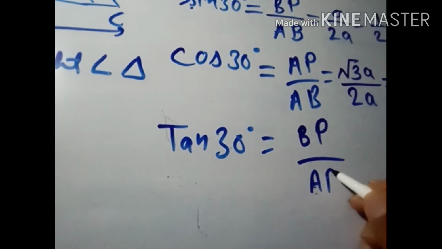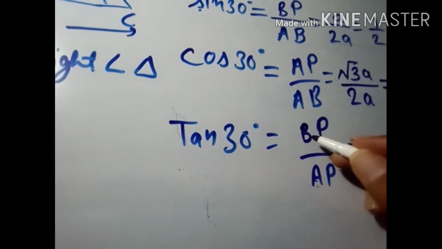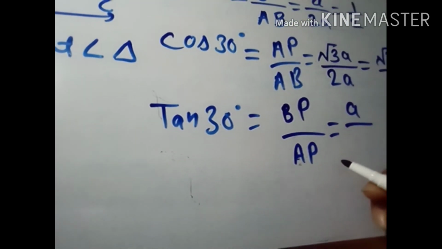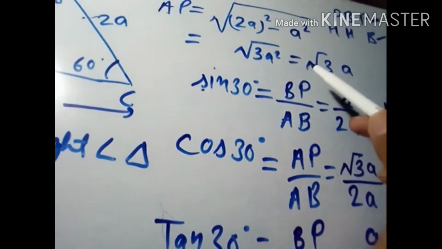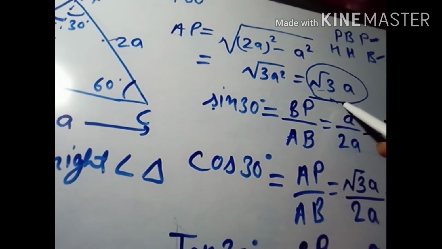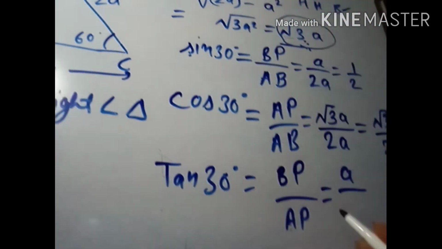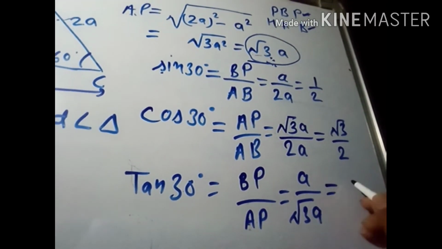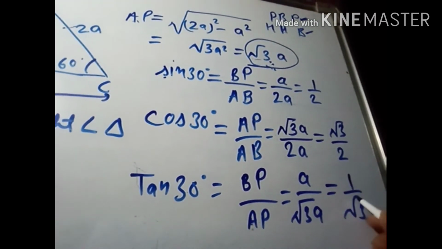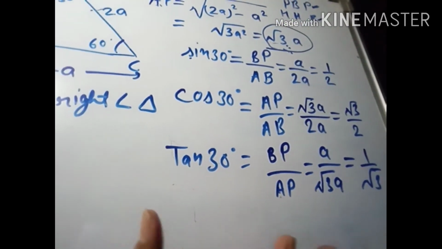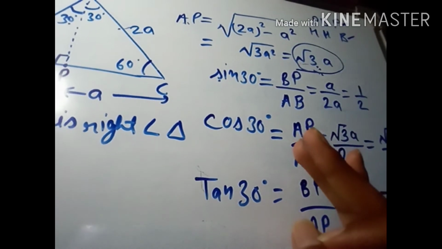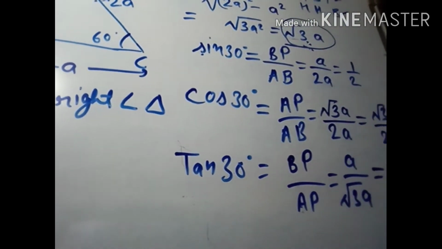BP is equal to a, and AP is equal to how much? You have calculated here. Look, this is the value of AP. Then put it, root 3a. This gives 1 upon root 3. Now you have calculated the 3 ratios, and the remaining 3 ratios are reciprocals of these, so they can be easily calculated. Understand?